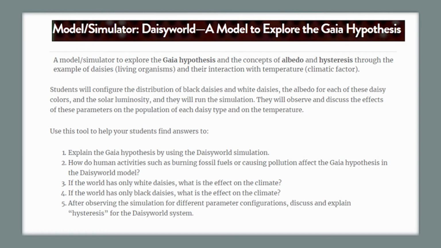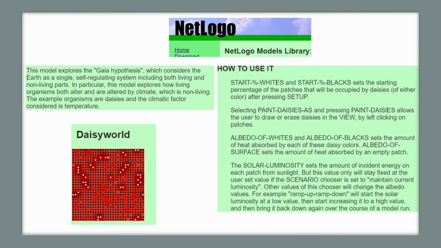Human activities such as burning of fossil fuels or causing pollution can affect the Gaia hypothesis in the Daisy model. If the world has only white daisies, what is the effect on climate? If the world has only black daisies, what is the effect on climate? And after observing the simulation for different parameters, can you explain what hysteresis is for the Daisy World system?